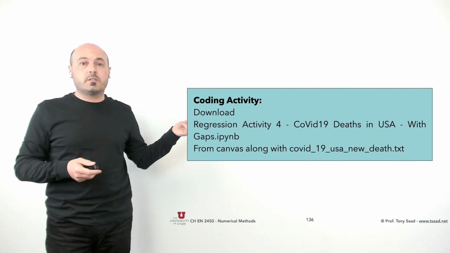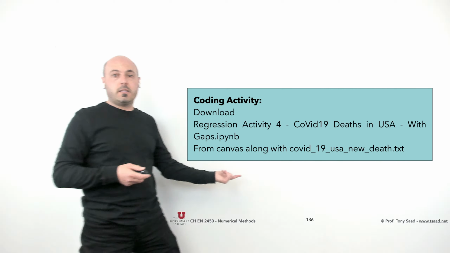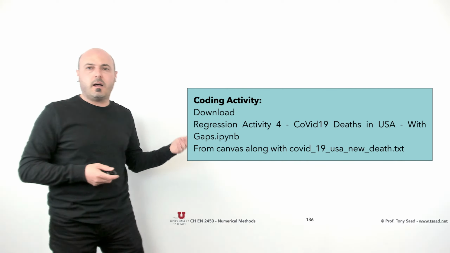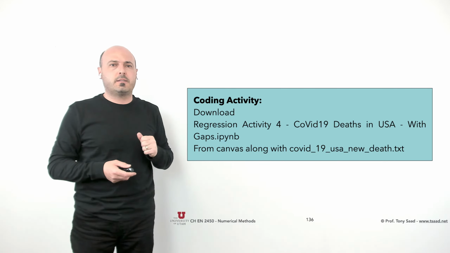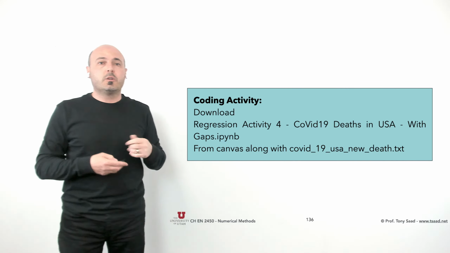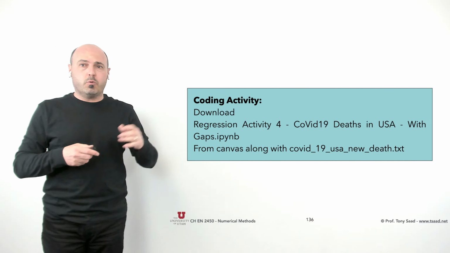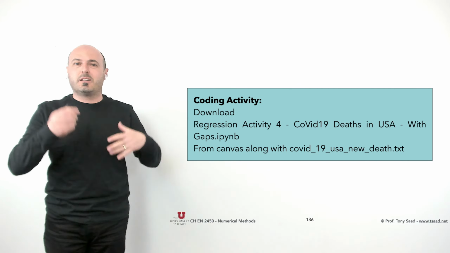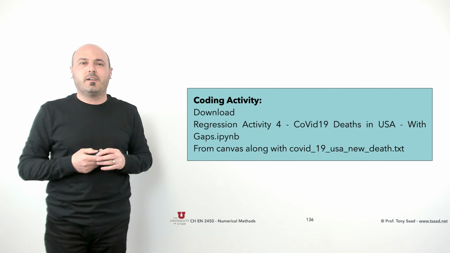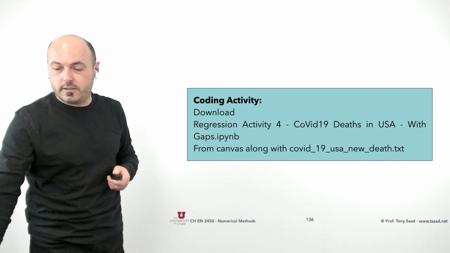Along with it, get the COVID-19 USA data, new death. I picked up this data file about a week ago, so it's very recent. We'll try to do a regression on it. It shouldn't take us more than 10 minutes to go through the example. I'll see you on the other side.